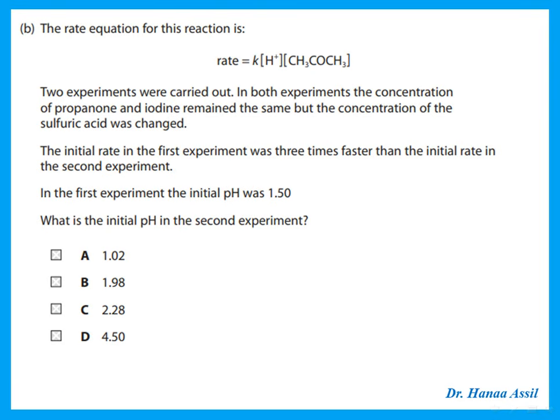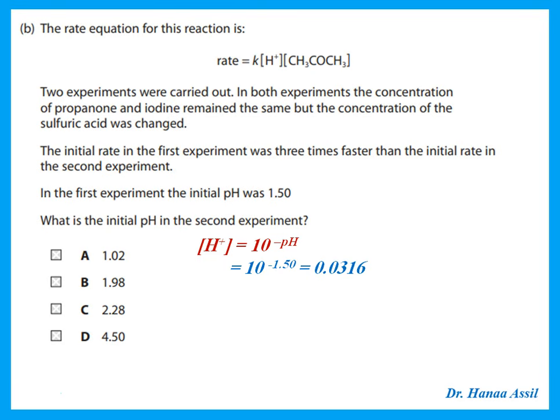Okay, so we know that rate is directly proportional to the concentration of H plus ions. And he's saying the initial rate in the first one was 3 times faster than the second. So if the pH in the first experiment was 1.5, what would be the pH in the second experiment? So remember that the concentration of H plus ions is 10 to the minus pH.